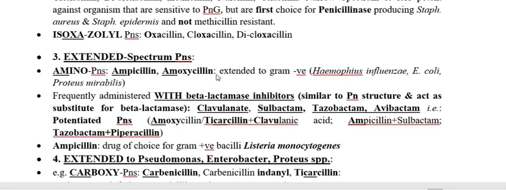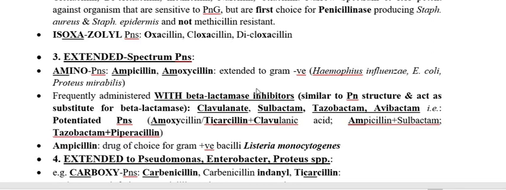So to check this breakdown of the beta lactam rings of ampicillin and amoxicillin, we add a drug that we call a beta lactamase inhibitor. What is the meaning of beta lactamase inhibitor?